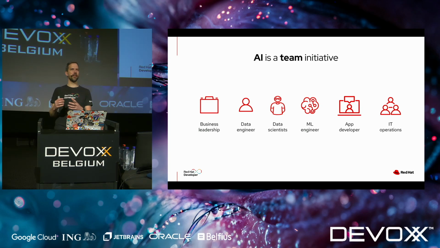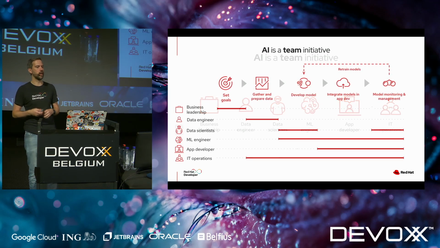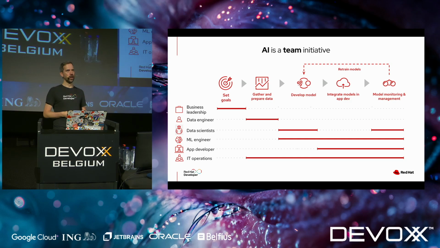It's not like one data scientist that's going to do everything. It's not going to build the model, serve the model, operationalize it, make sure it's stable, and then also consume it in applications, right? We have different personas that need to work together to really give AI some value at your organization. So you have the business leadership who might set the goals, the data engineer that gathers and prepares data. We have the data scientists, of course.